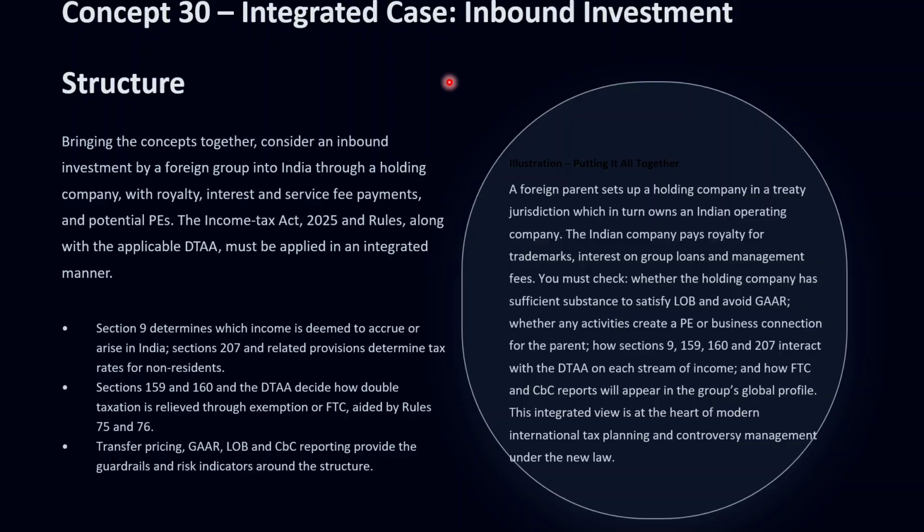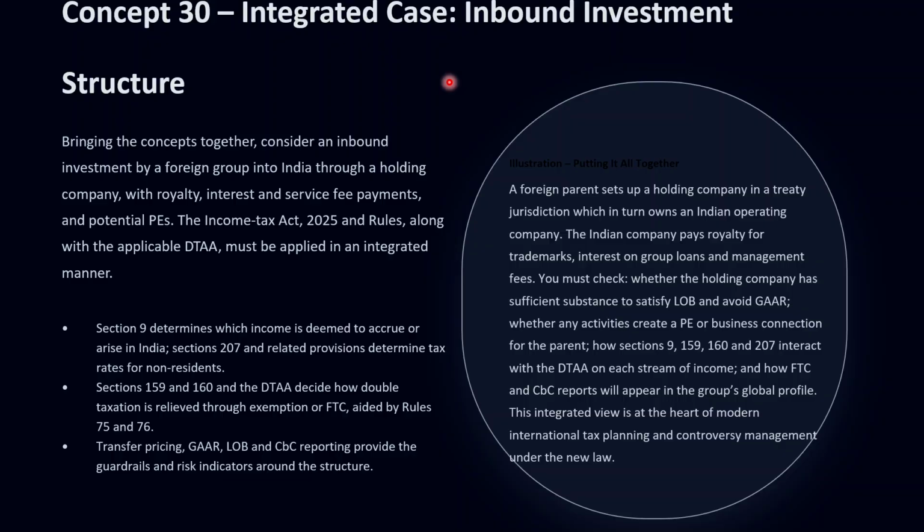We also have to see Chapter 13, including Section 207 and the related provisions, to identify domestic rates of dividends, royalty and FTS, etc. At the same time, we could also see Sections 159 and 160 read with the DTAA to determine whether and how double taxation is relieved through the exemption or the FTC method. We might also have to see Sections 161 to 173 and Rules 77 to 85, the transfer pricing provisions.